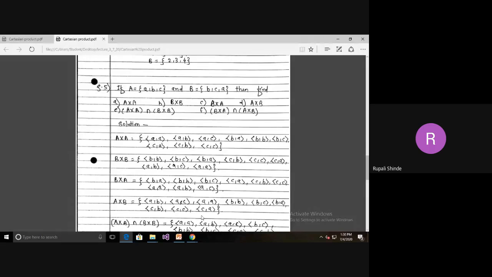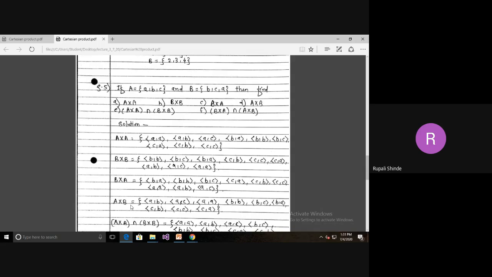C comma C. Then A comma A is also present, A comma B is also present, A comma C. Now check here whether A comma C is here. Second term, A comma C. Okay. So again we can say that all the terms are common for these two Cartesian products. So the answer for this intersection is either B Cartesian product A or A Cartesian product B.